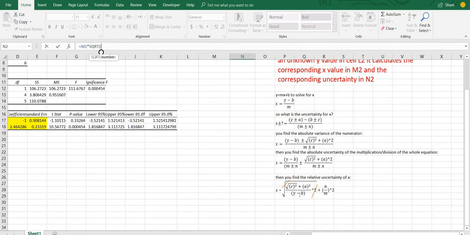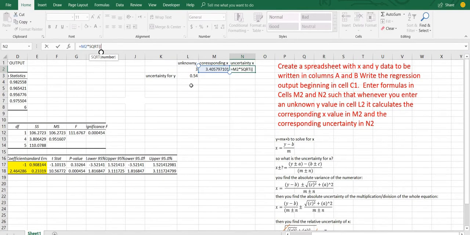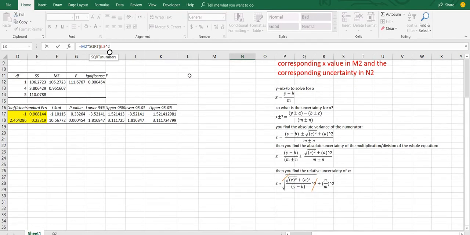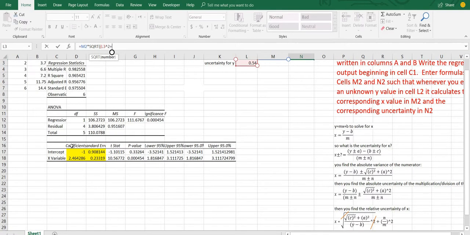So our C is the uncertainty of y, and that's the number we created earlier. So you click on this one, squared. Then our A value is the uncertainty of B, and we get this from the table.